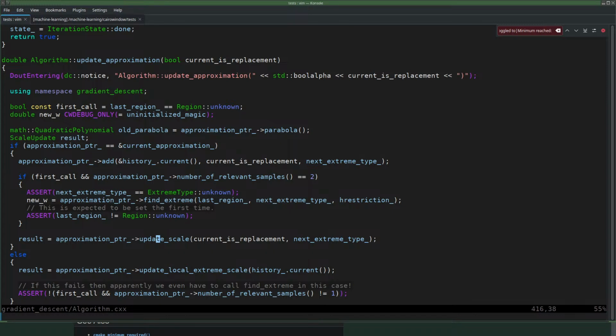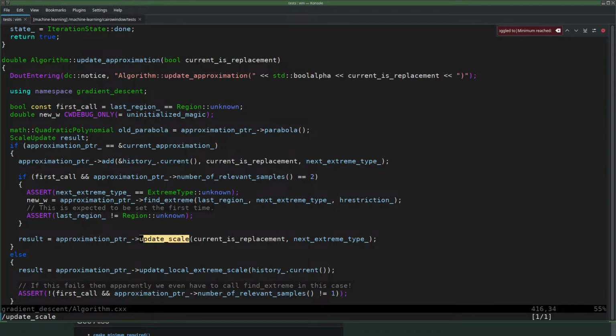So just about next extreme type then. Okay, then it doesn't matter when I call it. Which is a good thing. Well, actually, it still has to be called. So I need to know when this is being called now, and then make sure that find extreme was called relatively recently, like this.